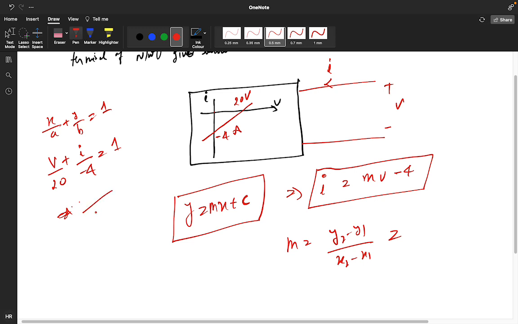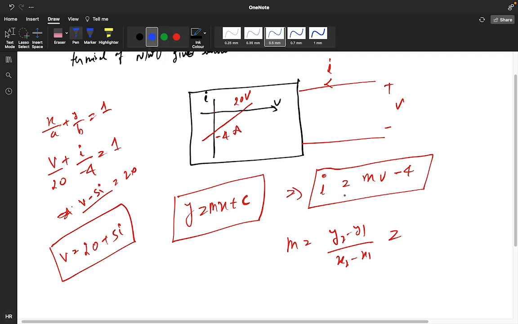So you can do it like this also, it's up to you. While applying this you will also get the result.